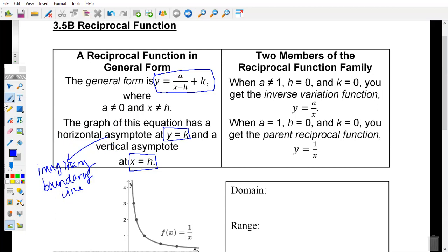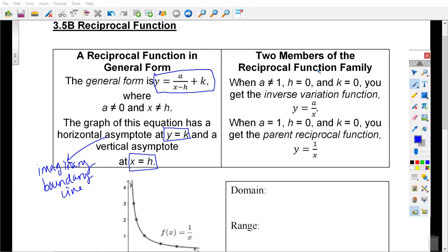How many of you remember from Algebra 1 the term HOIVUX? Does that ring any bells? Yeah, it was written up there. HOIVUX is a way to remember the attributes of a horizontal line and the attributes of a vertical line. If I have a horizontal line, it has 0 slope, and it's written as y equals something.